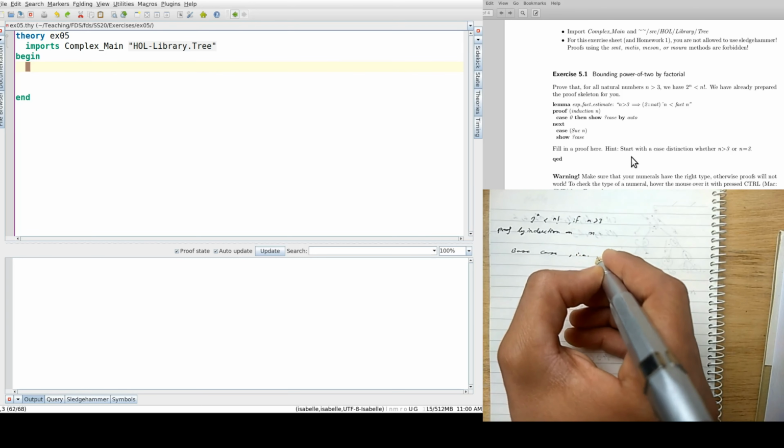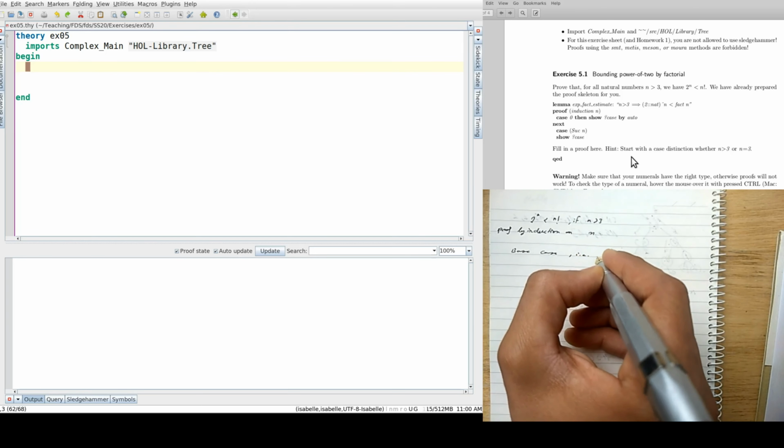So now, firstly, I want to prove from the premise, as I said, that we have this disjunction: n equals 3 or n is strictly greater than 3.